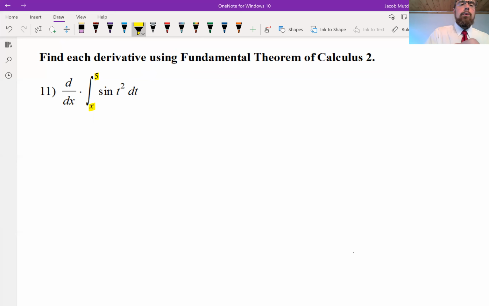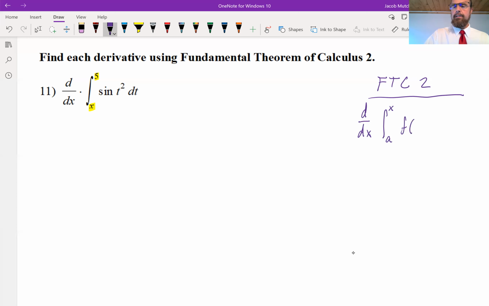So the first thing I want to do, if I want to apply fundamental theorem of calculus 2, is get those limits of integration in the right spots. We'll put this again, so it's d/dx of the integration from constant a to variable x. That's the order I need, of f of t dt equals f of x.